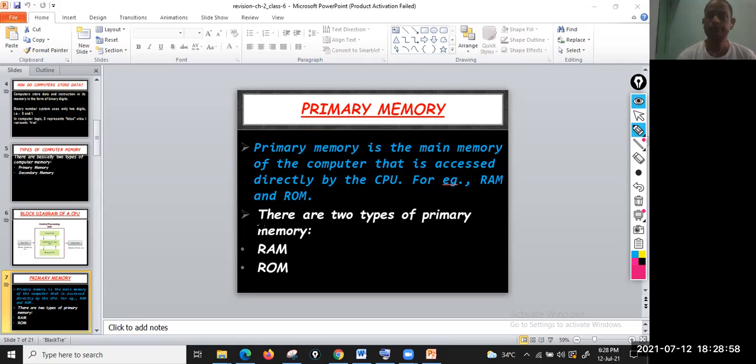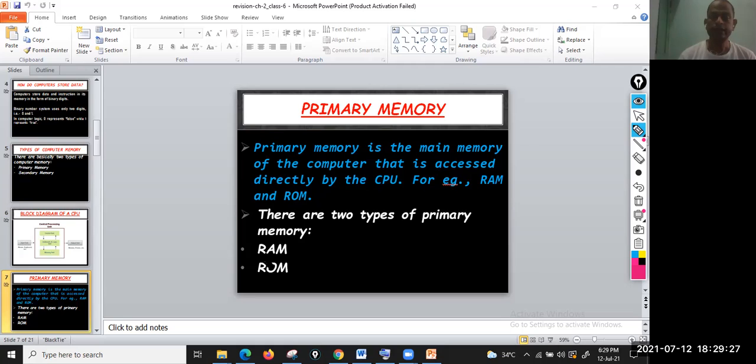It hangs up the system. But if you have powerful RAM, then you can smoothly access the applications easily. So examples of primary memory are the RAM and ROM.